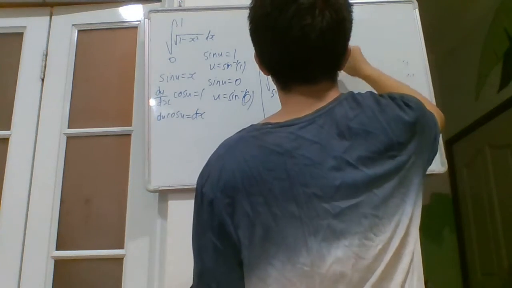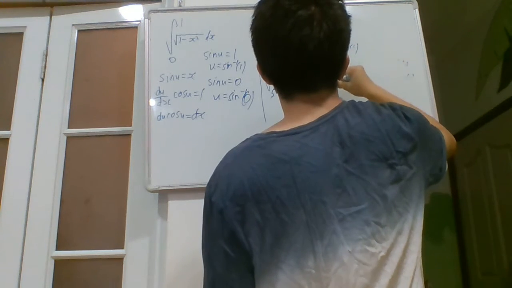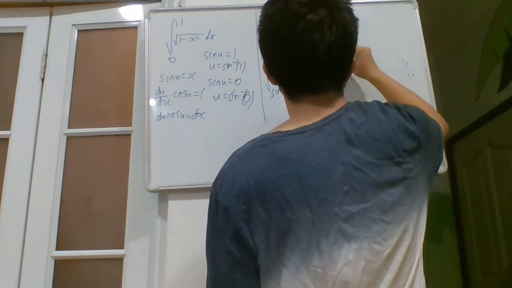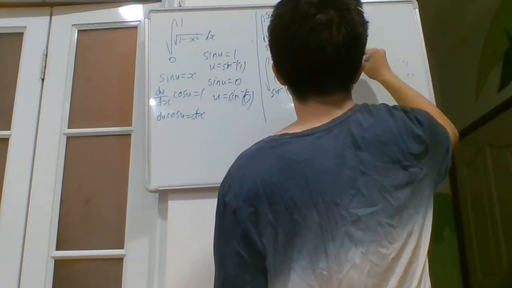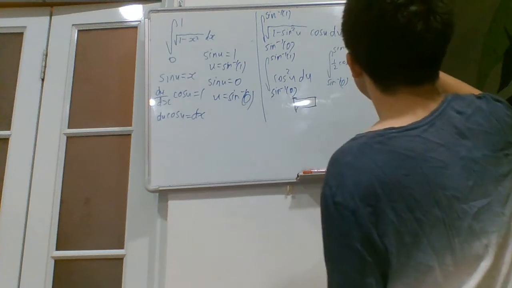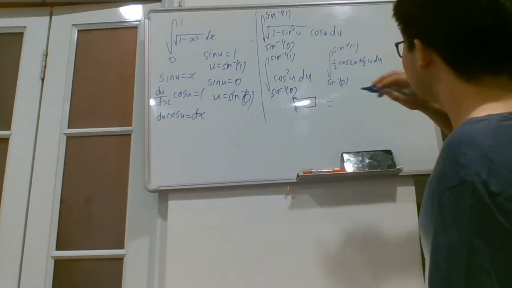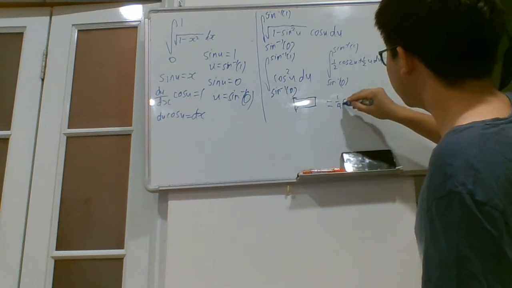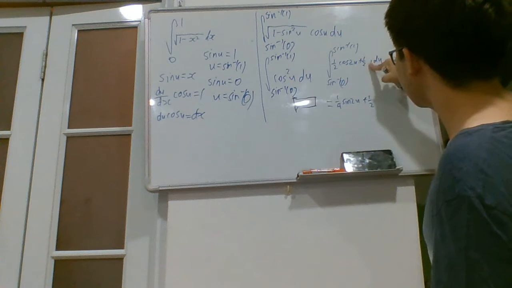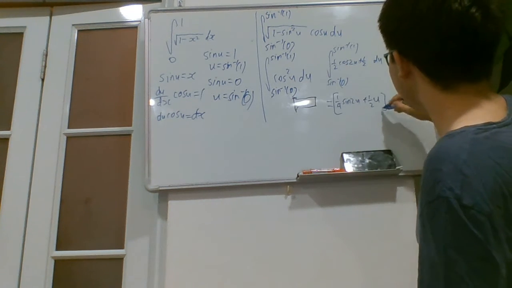The integral from sine inverse 0 to sine inverse 1 of half cos 2u plus half u du will evaluate to 1 over 4 sine 2u plus half u from these bounds.